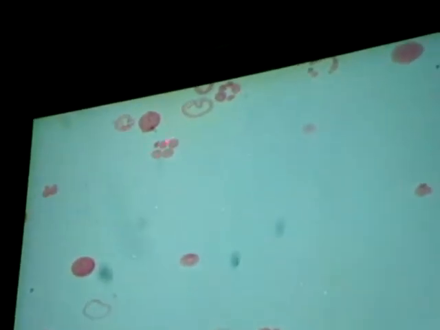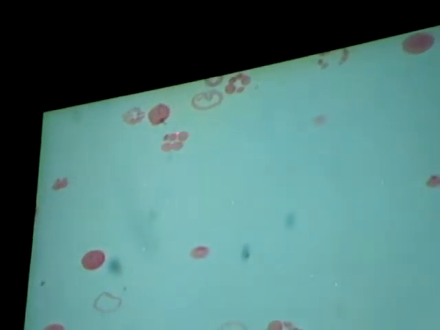Unfertilized, fertilized. What could that be? 2-cell stage. What's that one? Like I said, it's kind of moving on, but it would be a 4-cell stage.